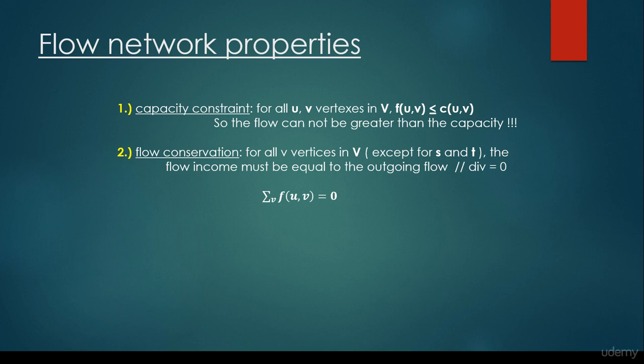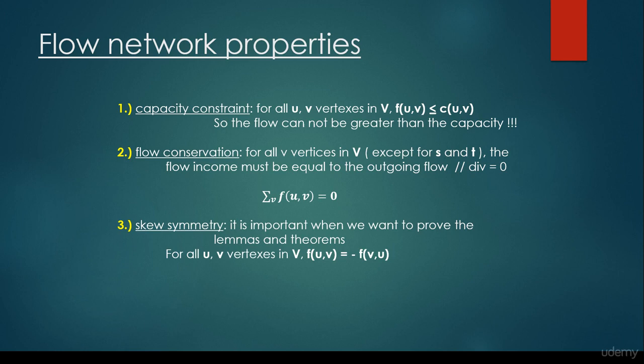What does it mean? If you are familiar with higher mathematics or physics, the divergence of the vector field is equal to 0 in this case. So basically we just have to sum the flow of the vertices (u,v) over all the v parameters, and it's going to be equal to null.